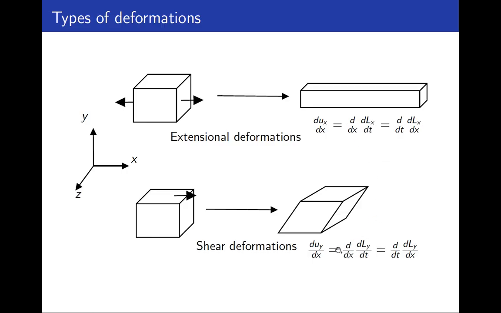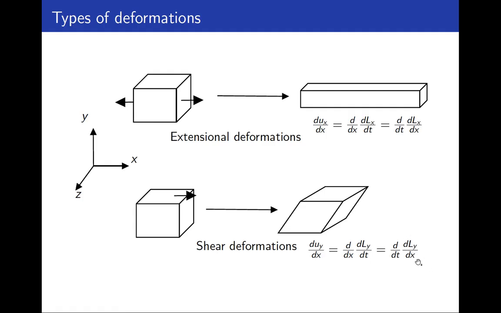We express the velocity in the y direction as the derivative of the length in the y direction with respect to time, but we switch derivatives using the chain rule, and we obtain the following quantity.